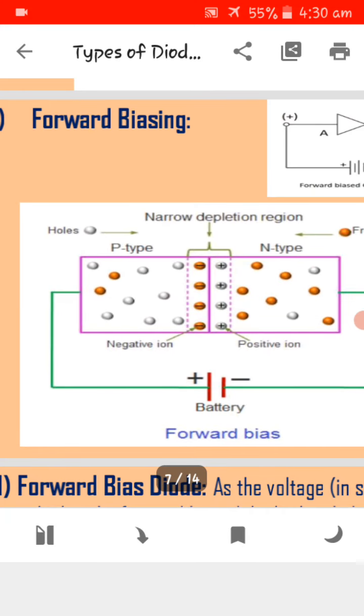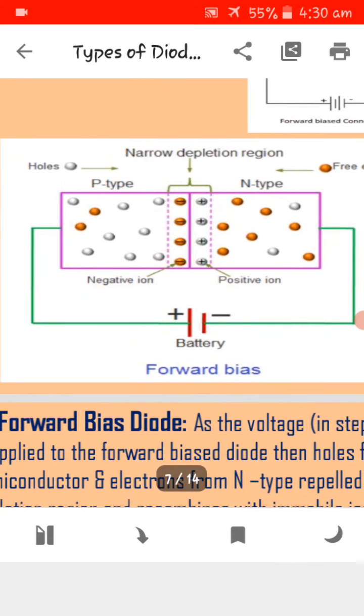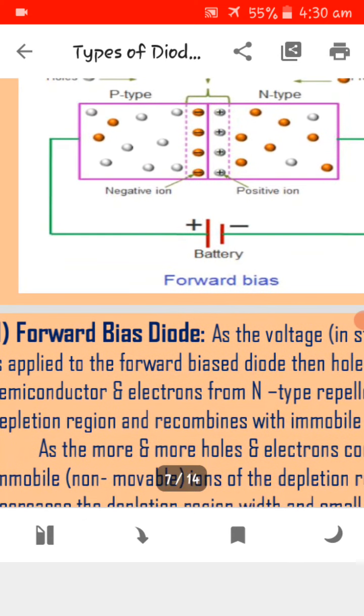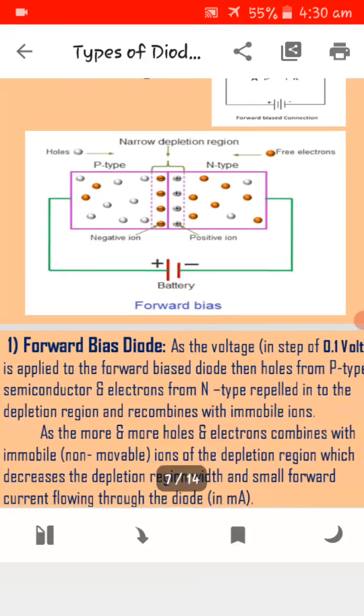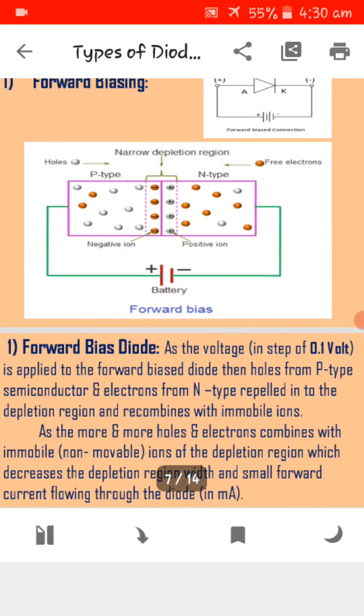So what is the action when we apply the voltage? Similarly, we study what the action inside the PN junction diode is when it is connected in a forward biasing mode. When we increase the voltage in steps of 0.1 volt, we have to apply the voltage using a battery.